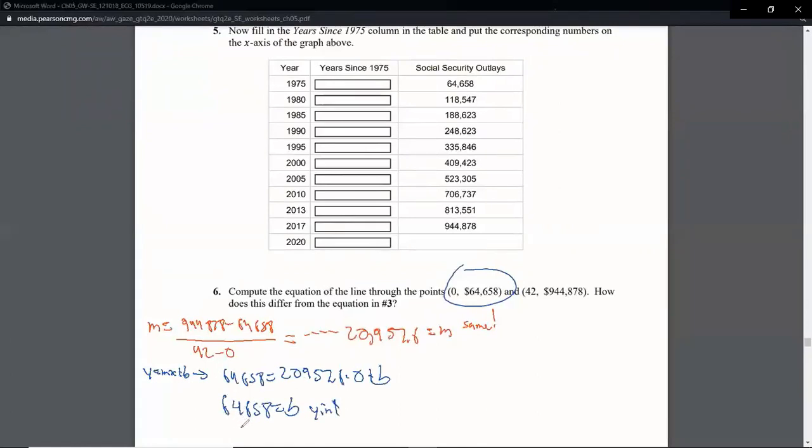That says the starting value is 64,658 at 0. But we're not saying year 0. We're talking about years since 1975. That's our 0 for this model, which makes complete sense because that is exactly what we have the number being. So ultimately, our equation is y equals 20,957.6x plus 64,658.